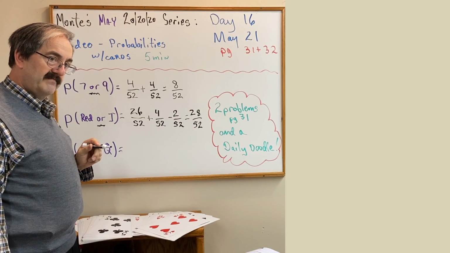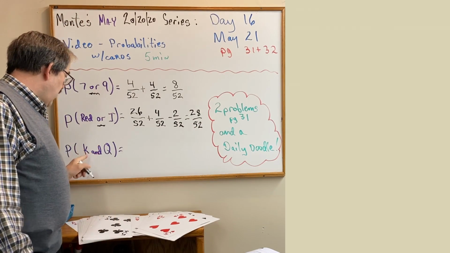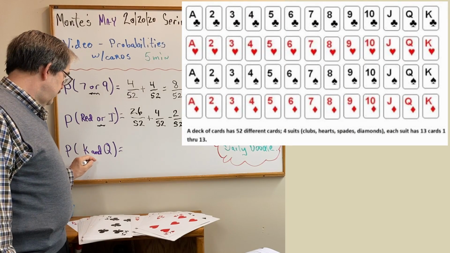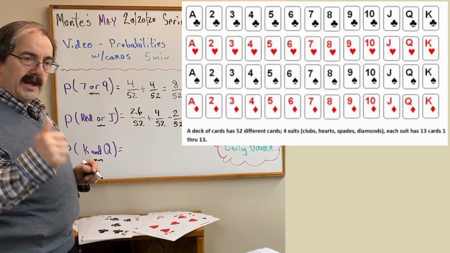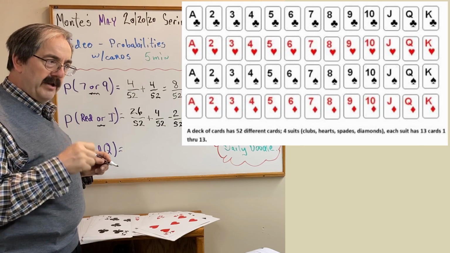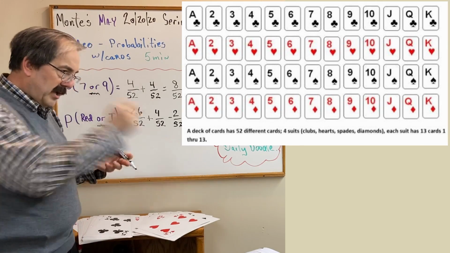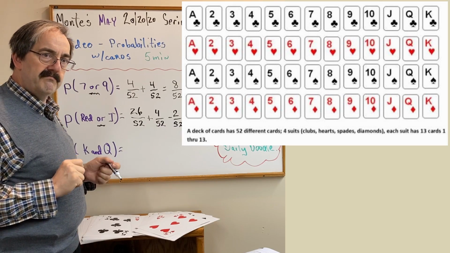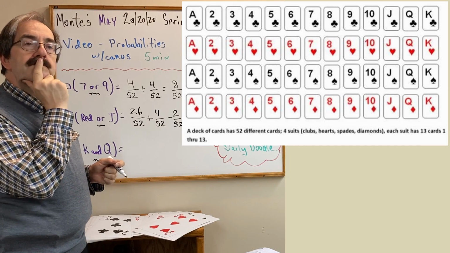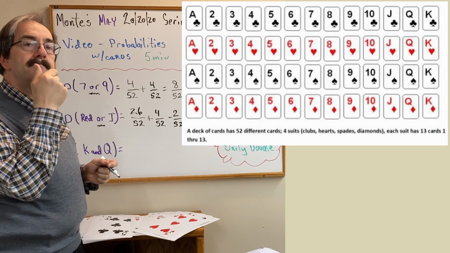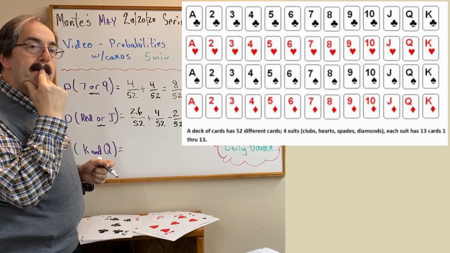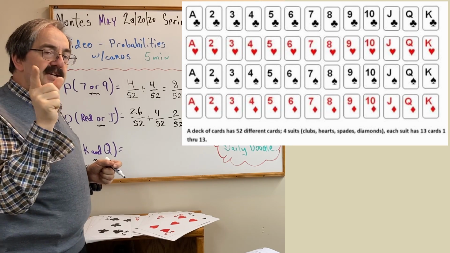Cool? All right, now let's change it up. The word and. I want a king and a queen. I want the probability of drawing a king and then drawing a queen. Boom, boom. One right after another. What do you think? You see how it could depend?